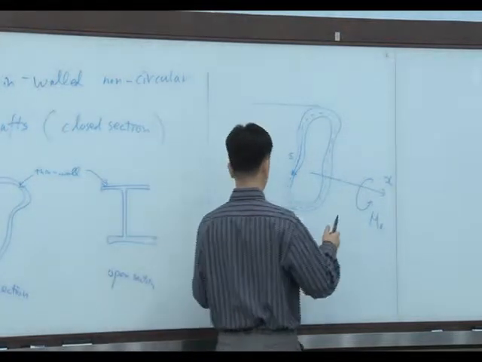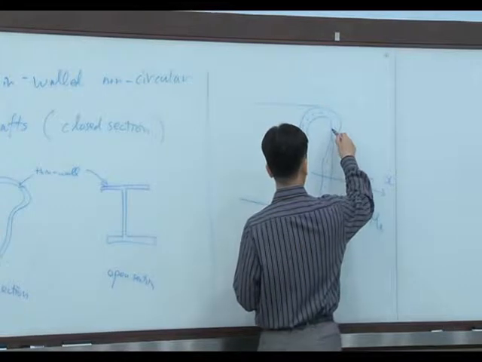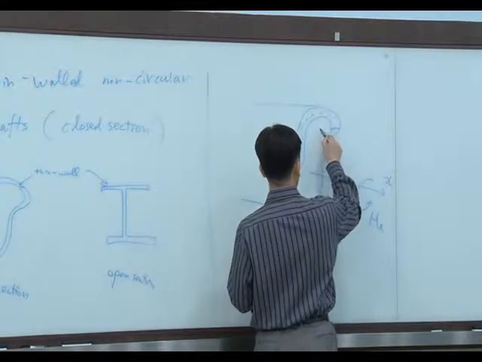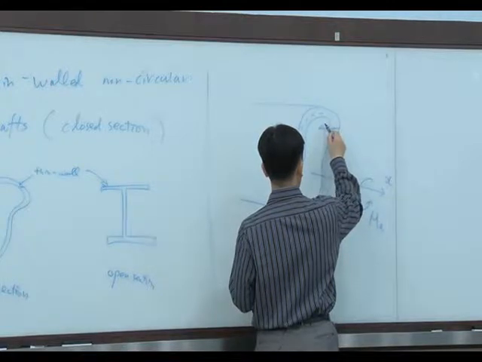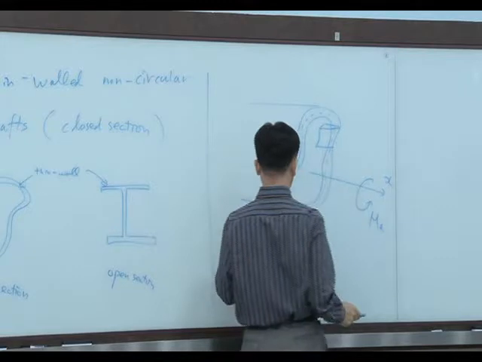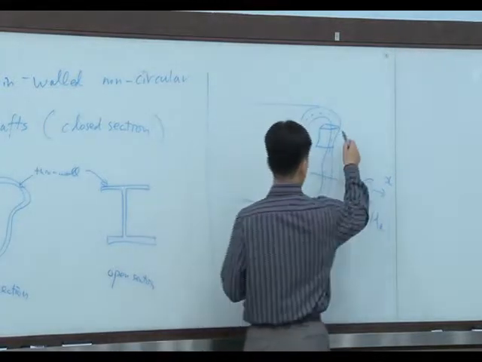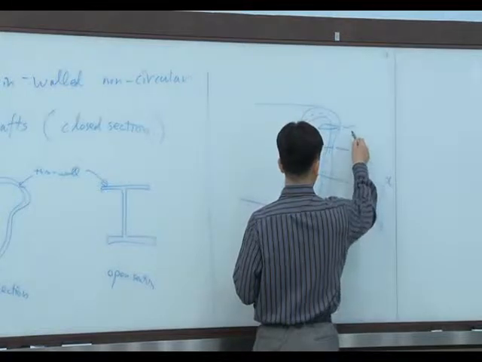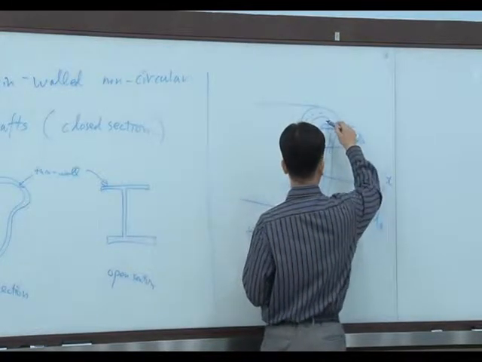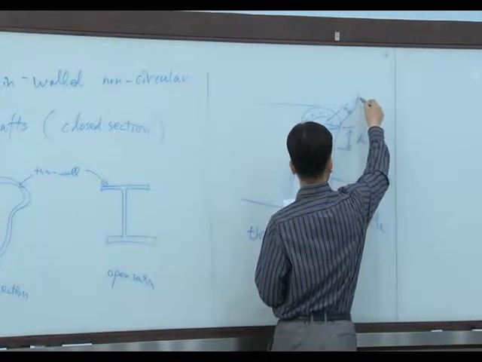Now let's consider a small part of this cross section. Very small part, this part. Let's say this small part has dimensions ds and dx.